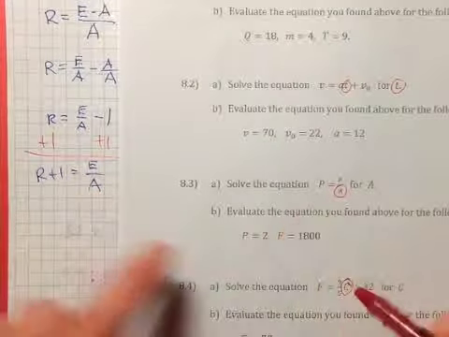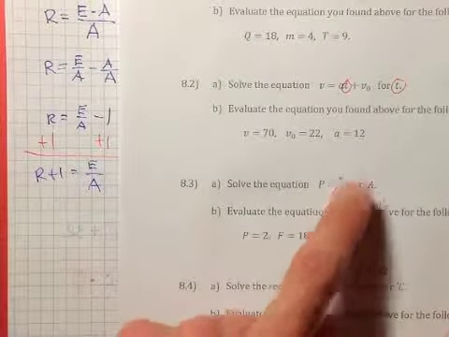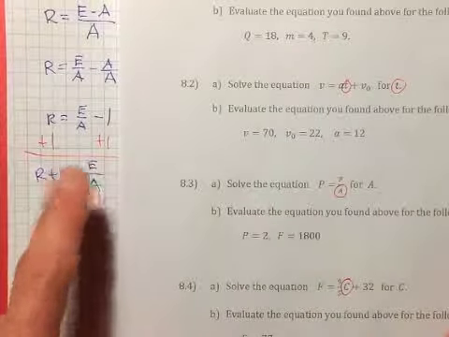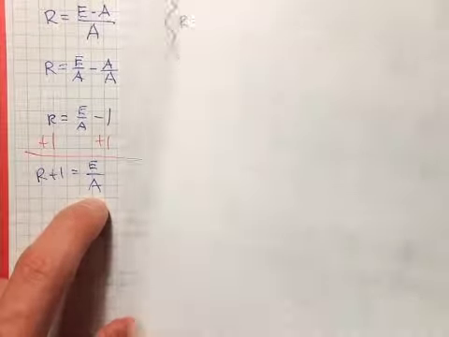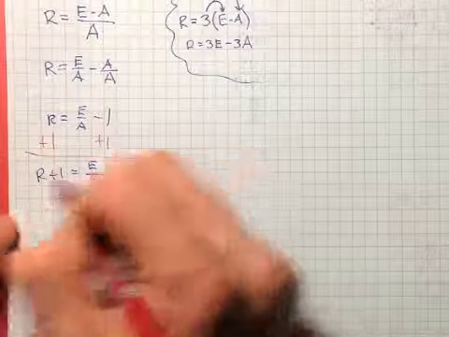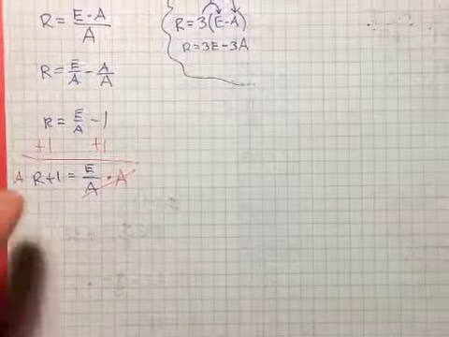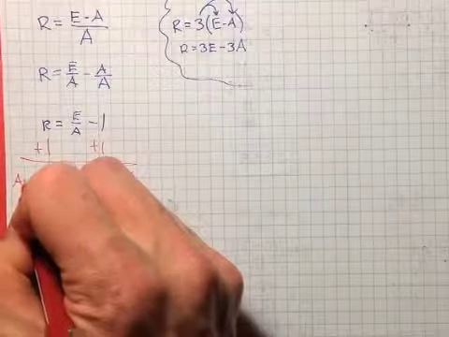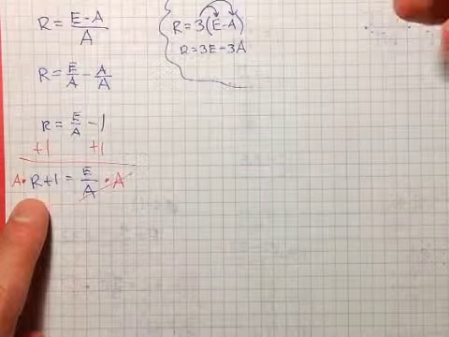We multiplied both sides by the thing we want to solve for to get it out of the fraction. So we're going to get rid of this fraction by multiplying both sides by the denominator, which is A.